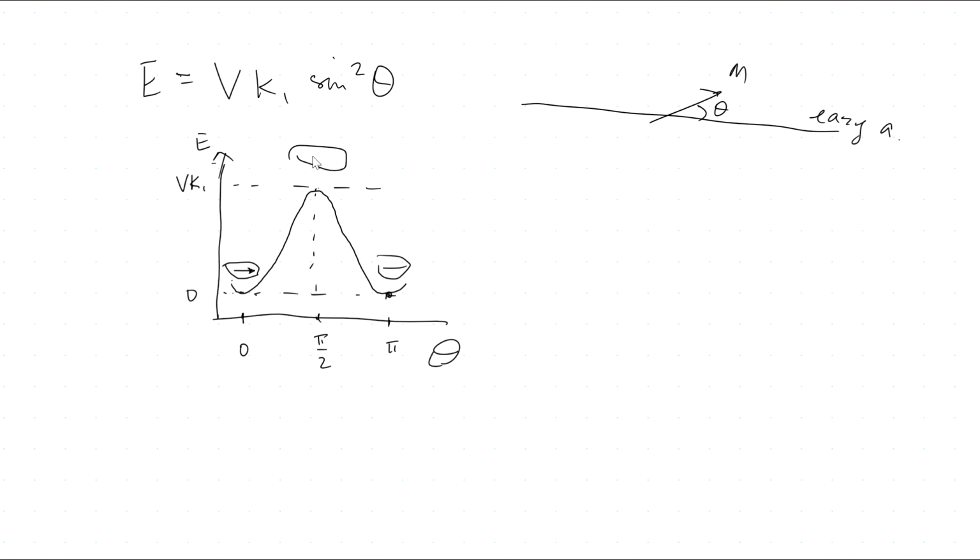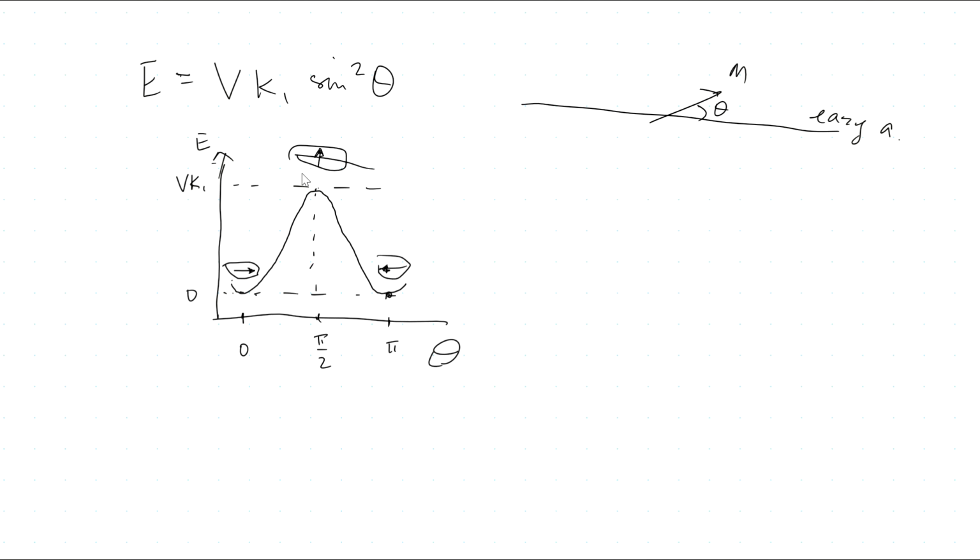Here you'll have your magnetization at 90 degrees with respect to the easy axis. And here it's pi, it's pointing in the other direction, to the left. So what it means is that if you have uniaxial anisotropy, then you will have one axis, and it would be energetically favorable for the material to be magnetized either to the right or to the left along this axis. And this is not an energetically favorable state.